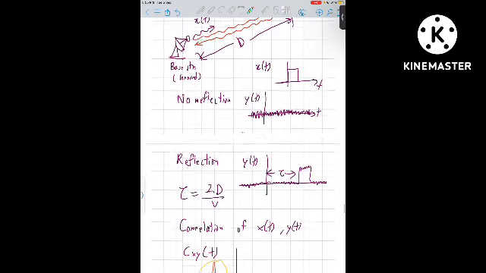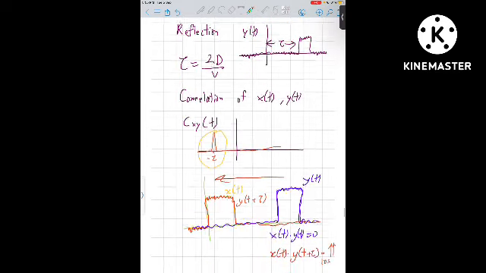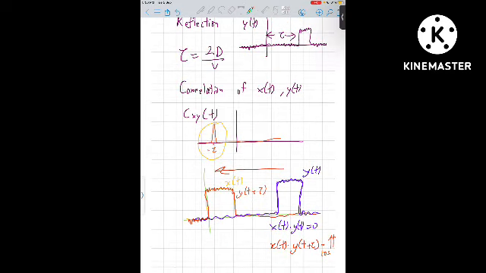But when I shift y(t) over here, x(t) times y(t plus tau), and this should also have been a noisy waveform, you get a very high value, say 10 to the power 5. It may not be exactly like that, but we get a very high value.